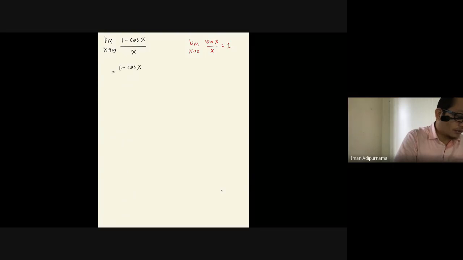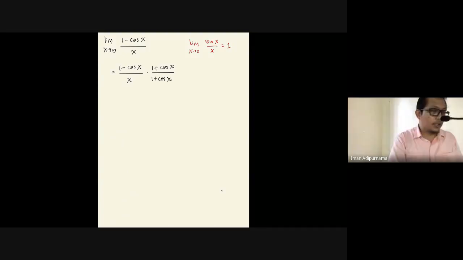So let's try to solve this, and try to make it by multiplying with the opposite signs.